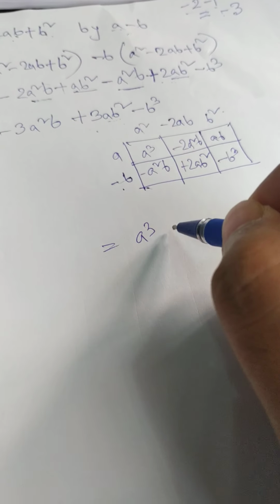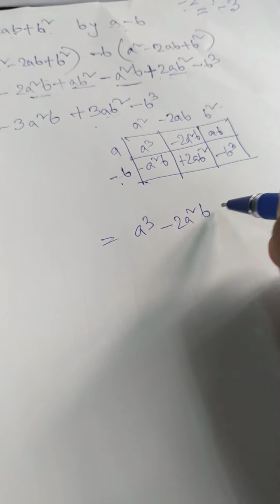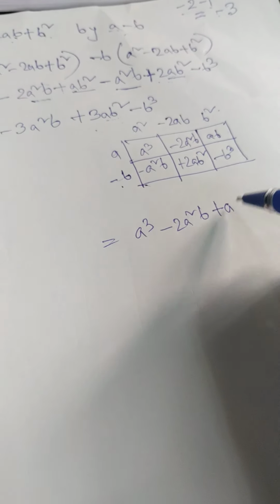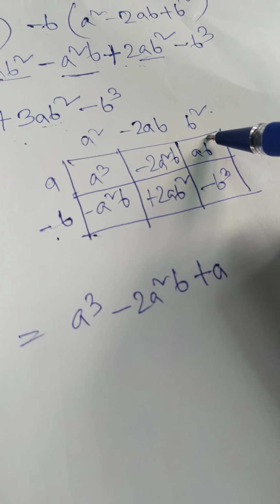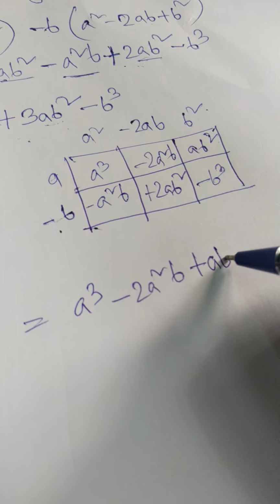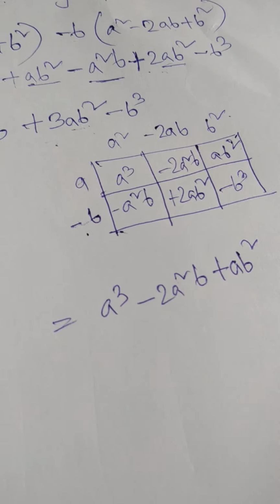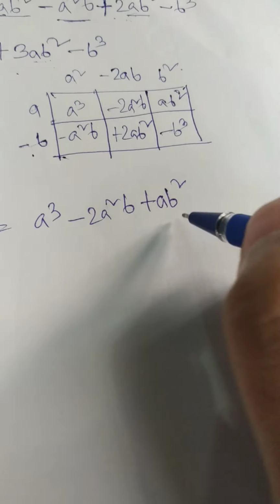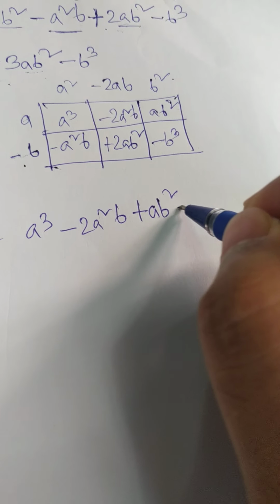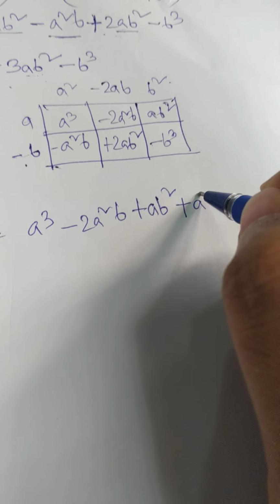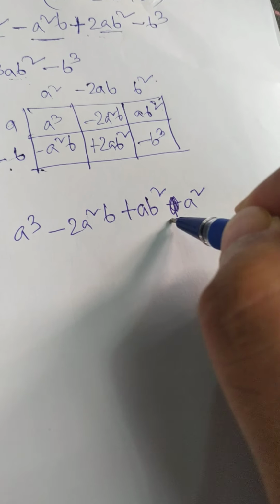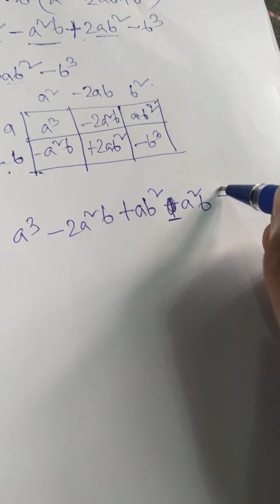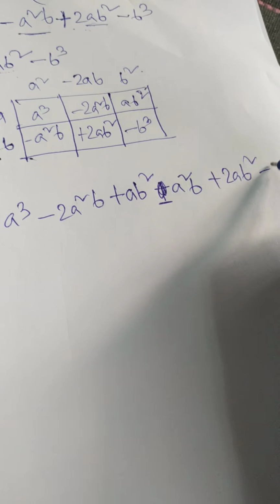So once we add all of them: a cube minus 2a square b plus ab square, then minus a square b plus 2ab square minus b cube.